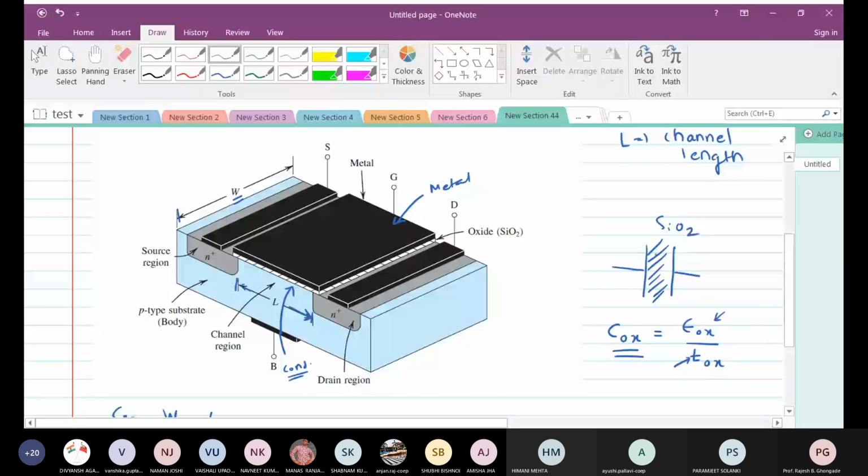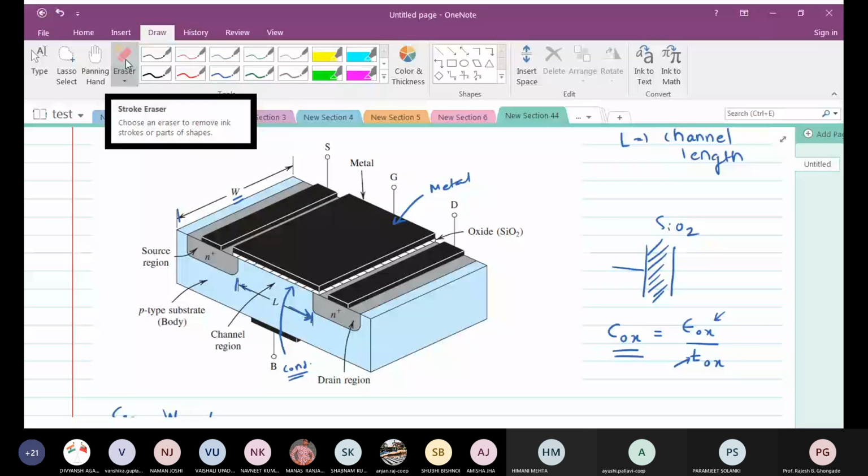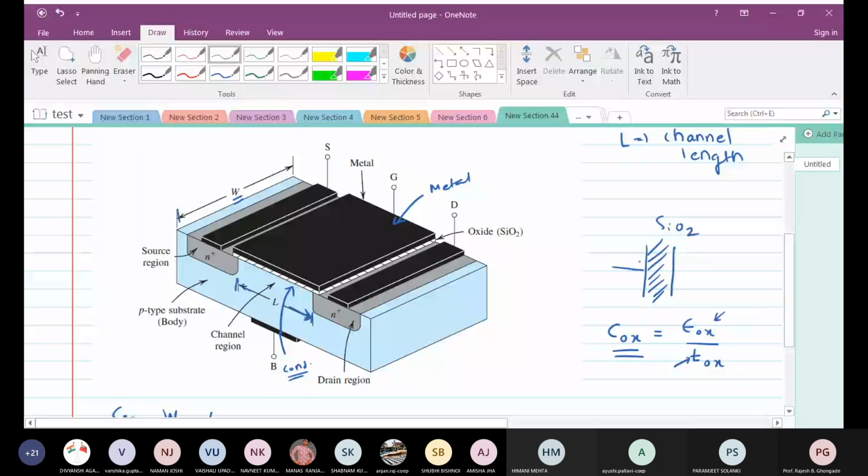But the picture is that we are having as if the metal. Okay, I'll use a different color here. We have a metal, we have the oxide, and whatever we have here is the semiconductor, which is also a conductor.